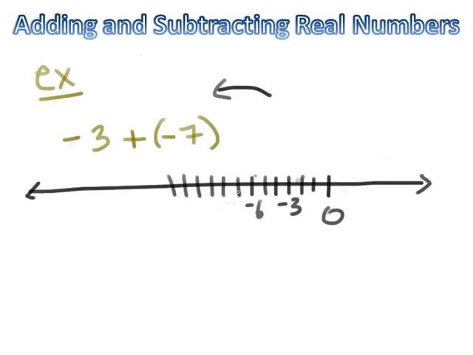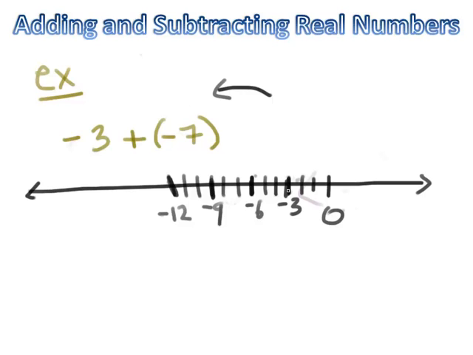This -7, 8, 9, 10, 11, 12, right? So let's make it a little bit darker. You can see. So that's -12. That's -9. And that's -6. And that's -3. Okay? And let's start off at -3.